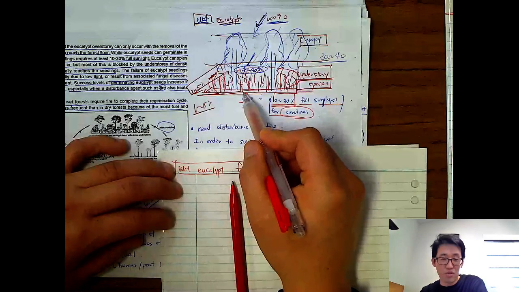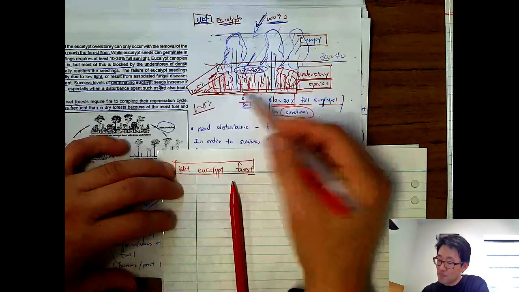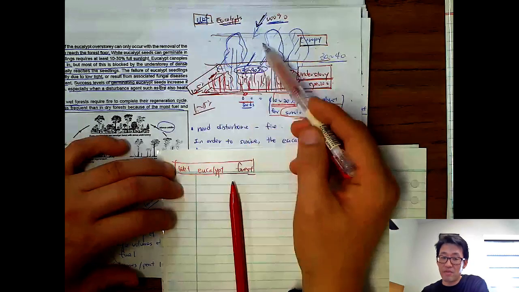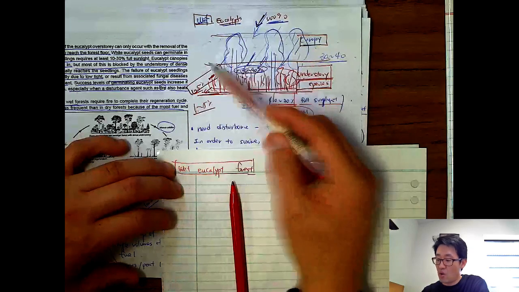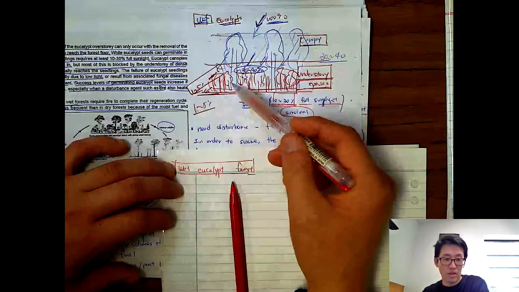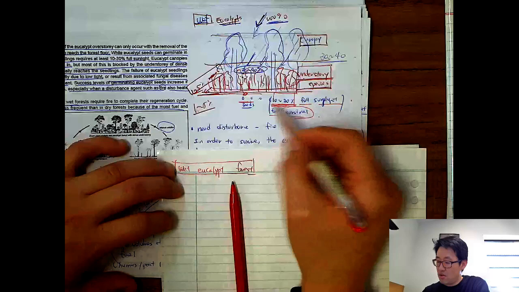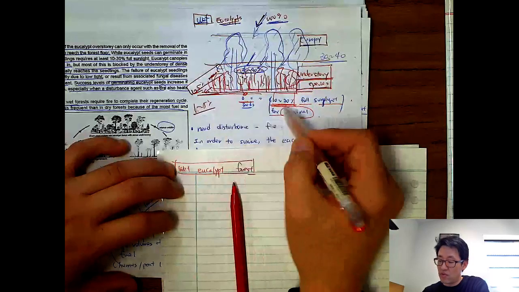Seedlings are not able to germinate and survive. So it is different to gap phase. I mean, there are already enough gaps from the canopy, but because of the understories, you can't really reach that sunlight here. Not even 10 to 30%, only 1 to 5%.